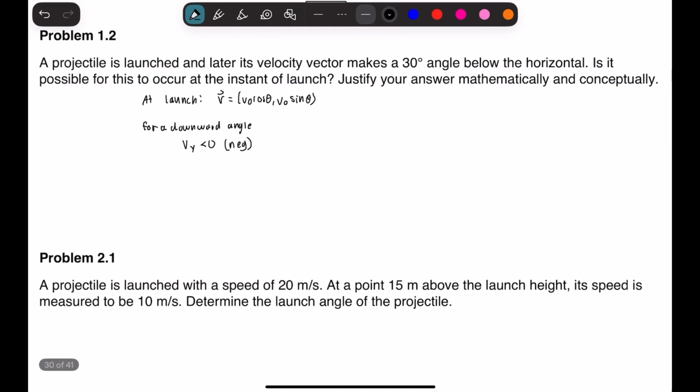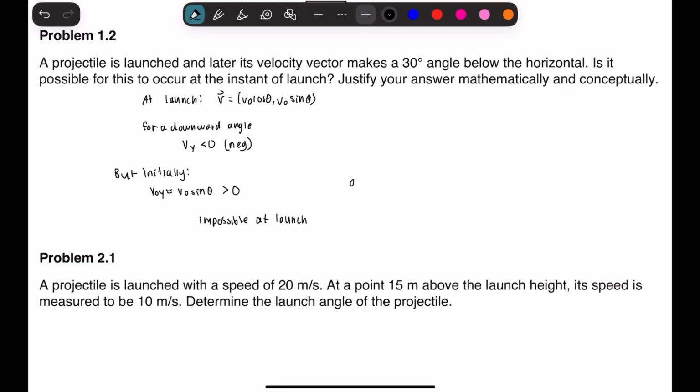But we also know that initially, v initial y is equal to v initial sine theta, and this is going to be positive. And we know that this doesn't make sense. So this is impossible, because something can't be positive and negative at the same time.